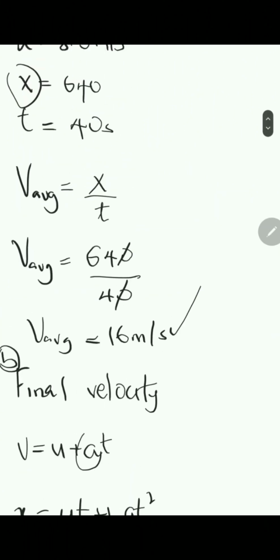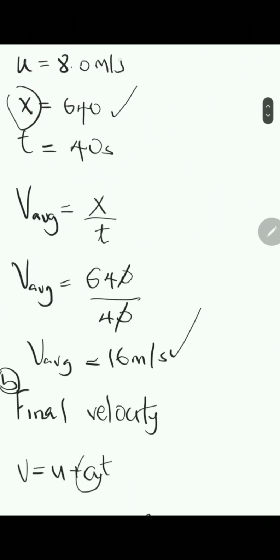Now x is equal to 640. From the data we've collected, our x is 640. Our u is 8 multiplied by t, which is 40. Our t is 40.